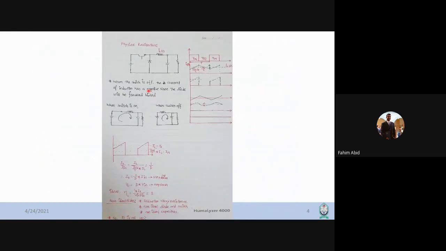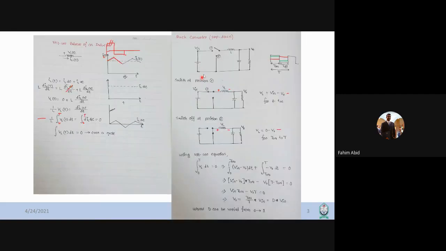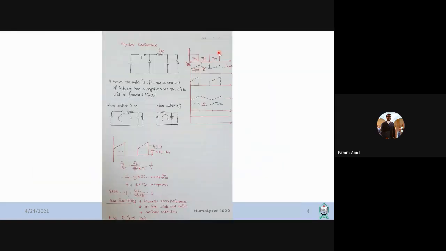Now, if you look at the physical realization of the circuit, how we can replace this switch, the physical circuit has a transistor here and a diode here. We give the gate pulse to the transistor.